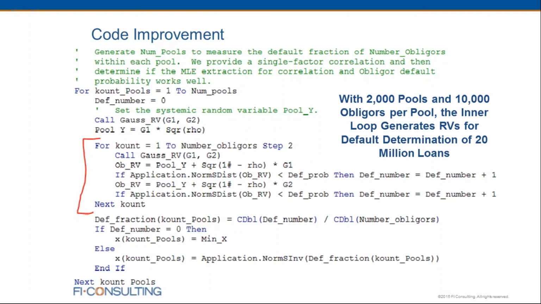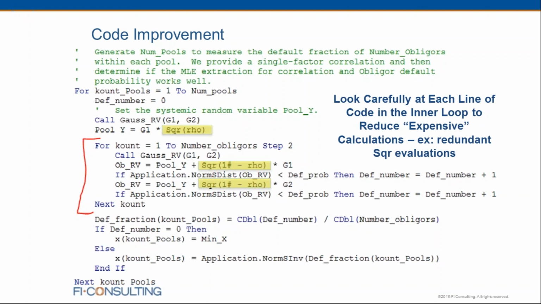In this case, it's an inner loop where there's an outer loop that goes over number of pools. There's an inner loop that does number of obligors. Given that we chose numbers of 2,000 and 10,000, there are essentially 20 million calculations or runs through the statements in this inner loop here. So the point being, let's look at the very small number of lines of code we have here and see what can be faster or better.